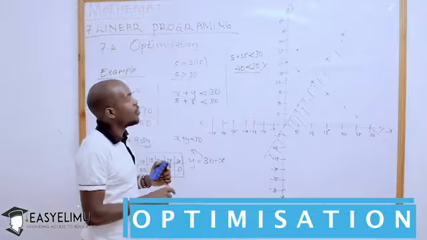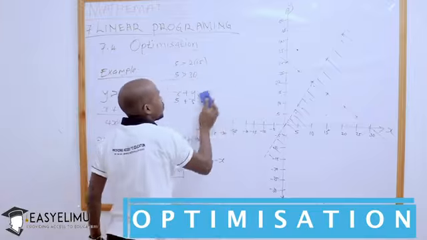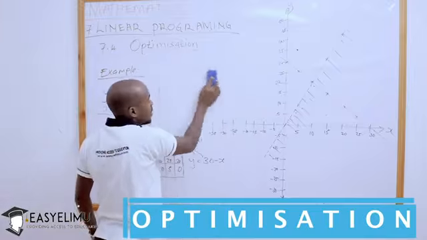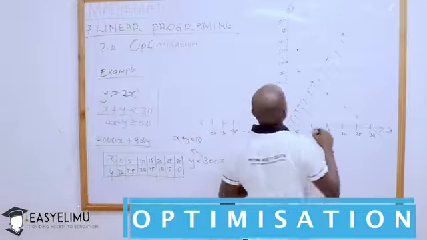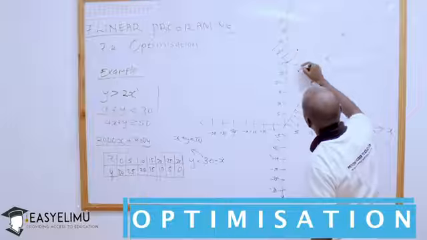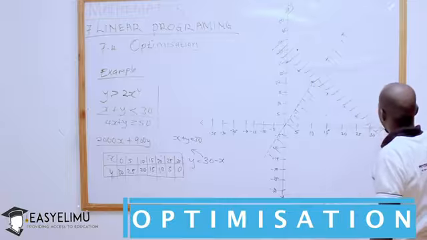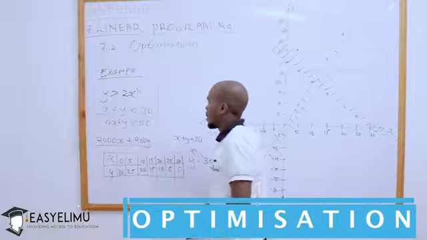So we are going to shade the unwanted side, the side where we took that point. We shade the upward side, and that will be our inequality, x plus y is less than 30.